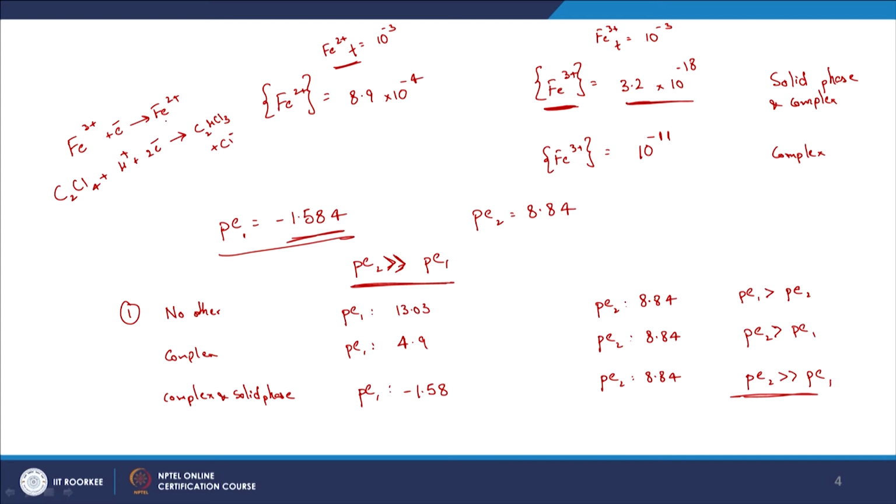Fe2 plus is going to be oxidized to Fe3 plus. So what does that mean again? Fe2 plus is going to reduce C2Cl4. So to balance out the electrons, 2 Fe2 plus goes to 2 Fe3 plus, and it wants to reductively dechlorinate.